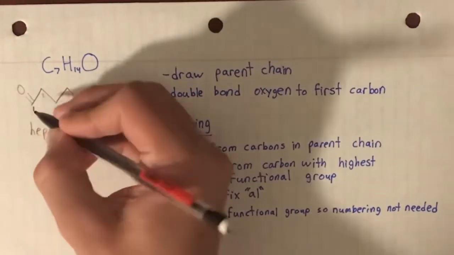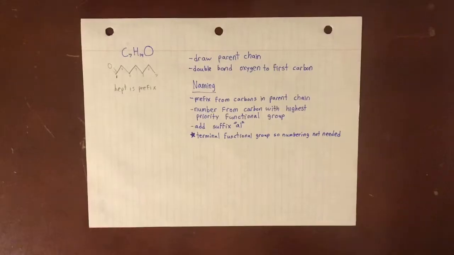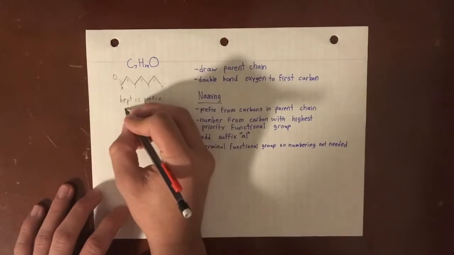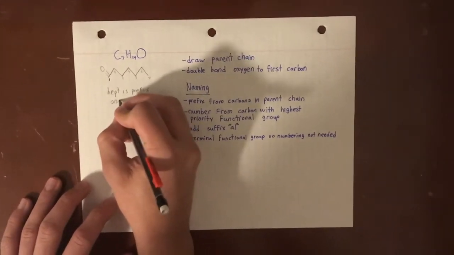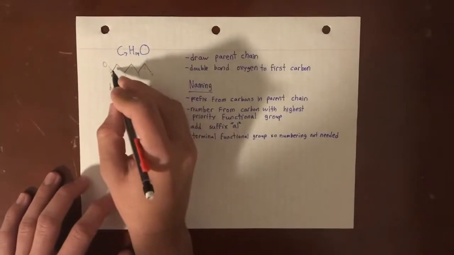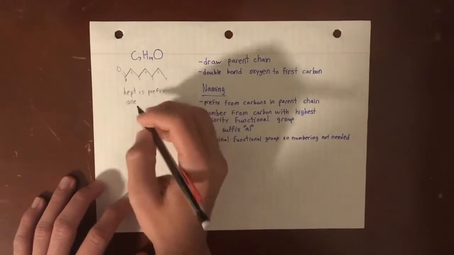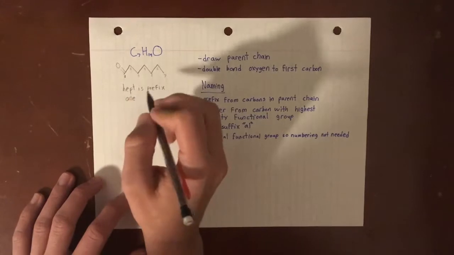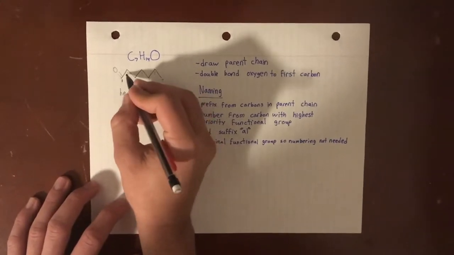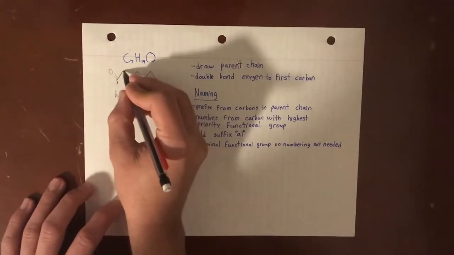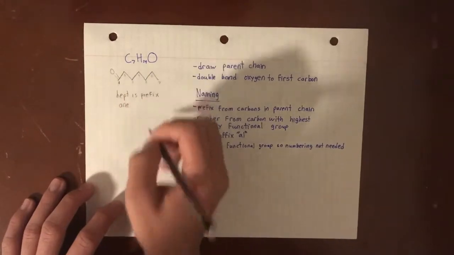This one will stay 1 because this has the highest priority. Also, as there are no double or triple bonds in the carbons, we will use ane. But if there are, you will use ene, and you will state where the double bond is. So if there's a double bond over here, there will be 2 ene.